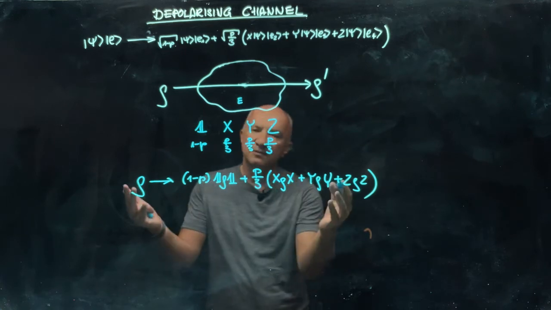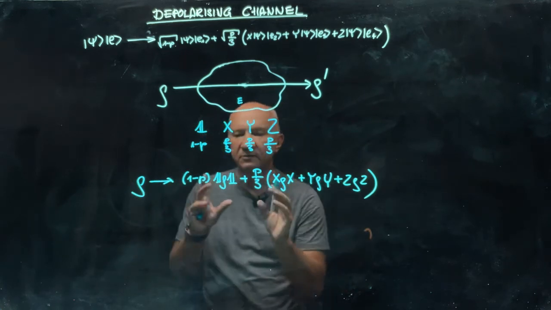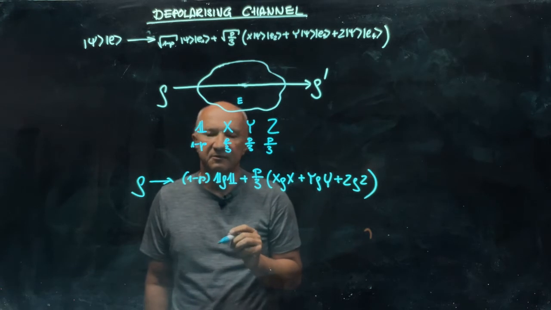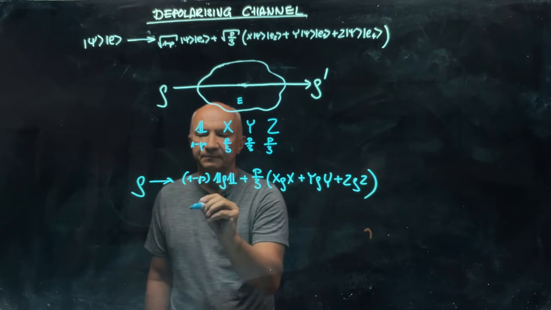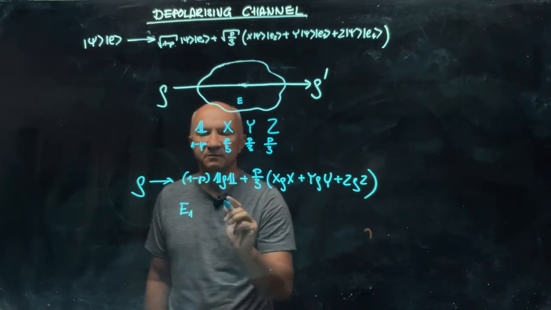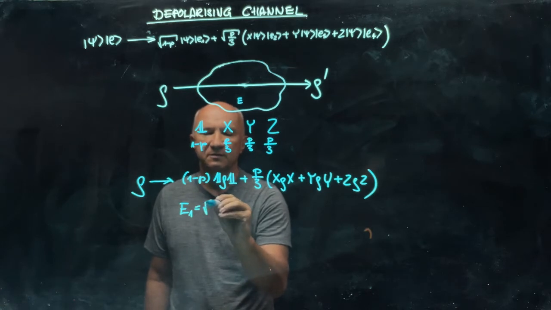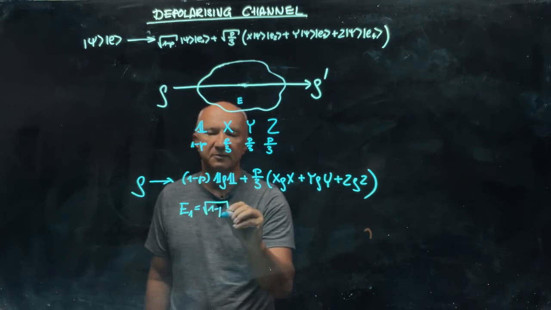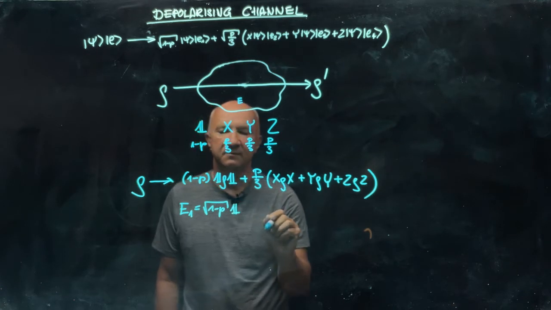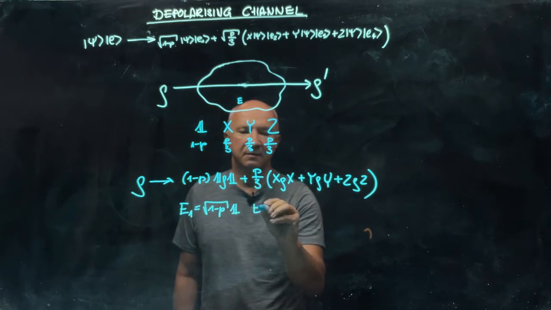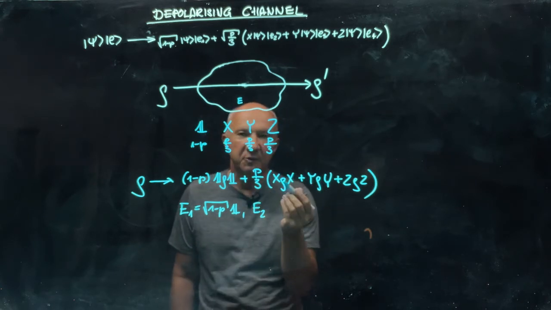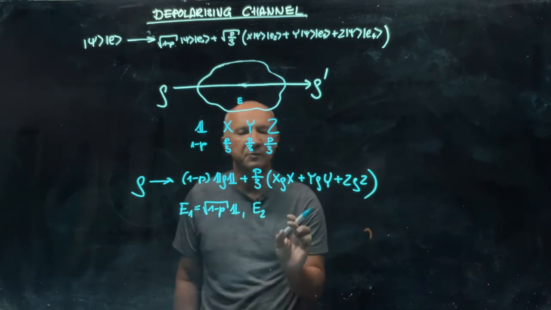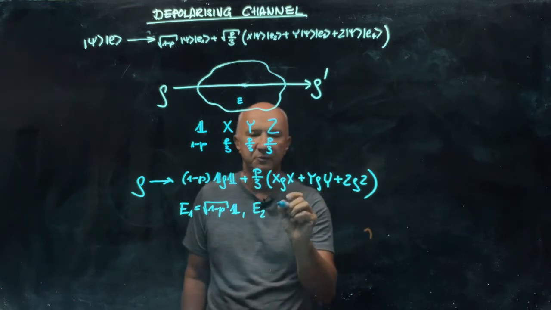So now it's almost in the Kraus form, but if you want to be really pedantic and want to define the Kraus operator for this evolution, you can say that, well, we have the Kraus operator E1 corresponding to this term here will be square root of 1 minus p identity, and the other Kraus operators will be proportional to the Pauli operators.